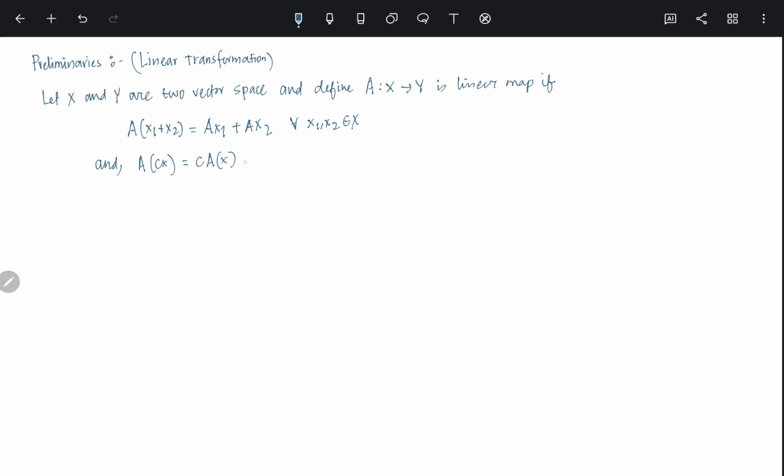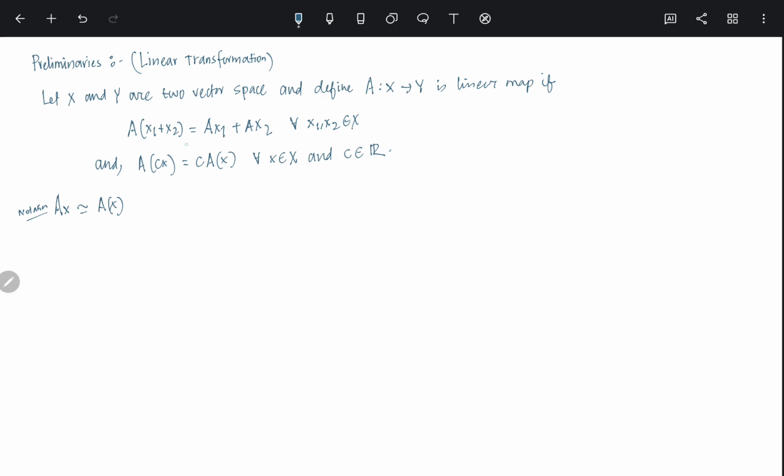Again, this should hold for all x in X and c in R, whatever field you are choosing. For us this is R. Clear? In this course we are always going to write Ax, which is nothing but A acting on the element x. This is just a small notation.